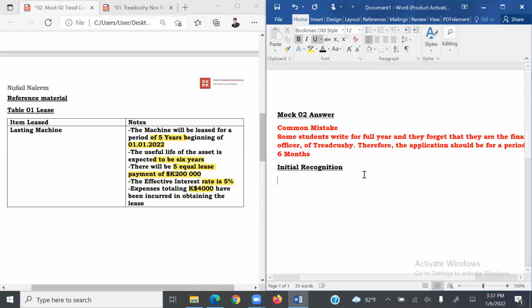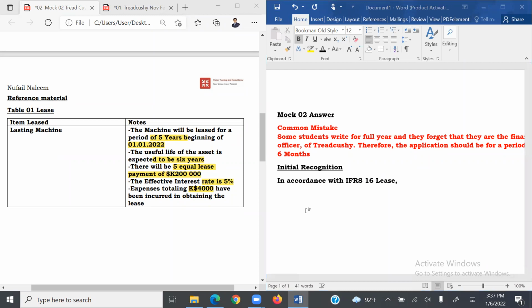Initial recognition means recording it in the financial statements for the first time.